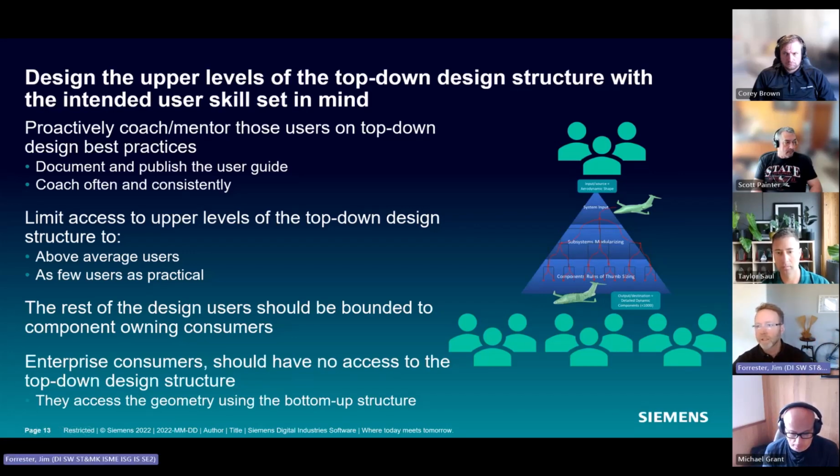They're only going to see stuff through the engineering structure, the bottoms-up structure. The top-down design structure is purely a design tool and a means of producing components, so it's overwhelming to expose enterprise consumers to that. You want to expose these detailed final components to the enterprise consumers in that bottom-up structure.